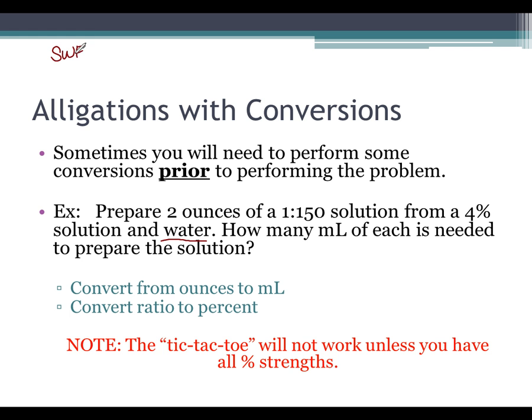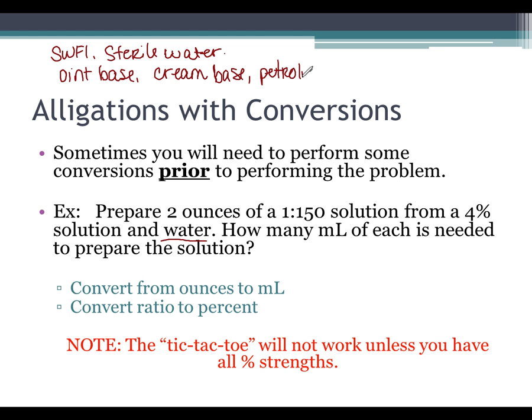So when they use sterile water, you will also have questions that have ointment base, cream base, petroleum jelly, which is also an ointment base. All of these have a percentage of 0.